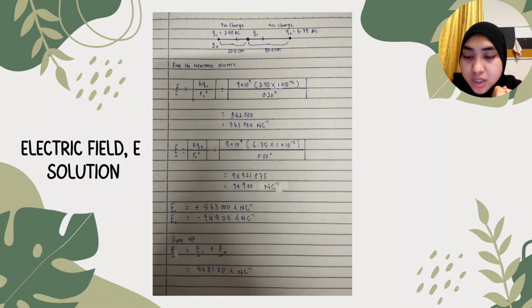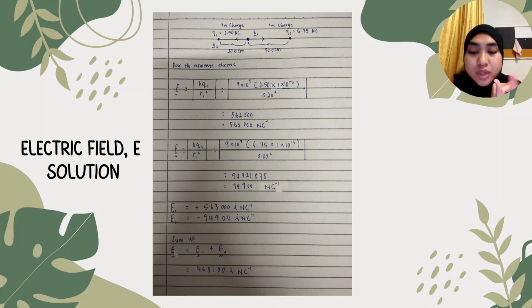As we can see here, E1 equals positive 56,300 i, which indicates the direction, and newton coulomb to the power of negative 1.